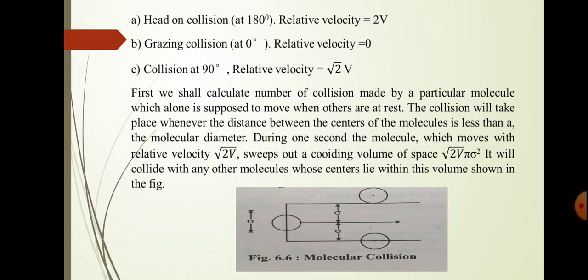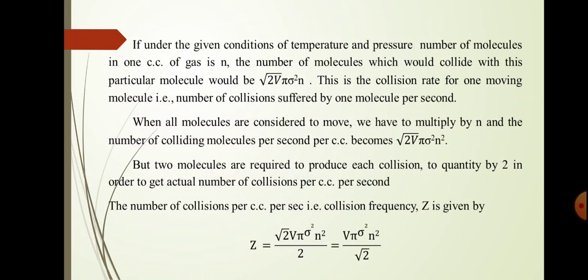So in this case, various kinds of velocities have been declared on the basis of collision angle. If under the given condition of temperature and pressure, the number of molecules in 1 cc of a gas is n, the number of molecules which would collide with this particular molecule would be root 2 v pi sigma square n.